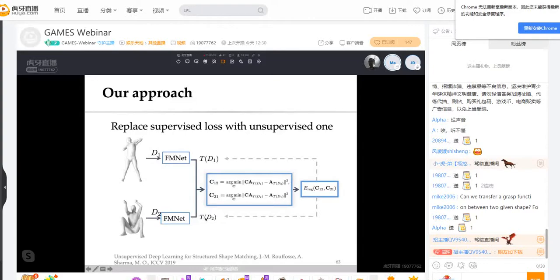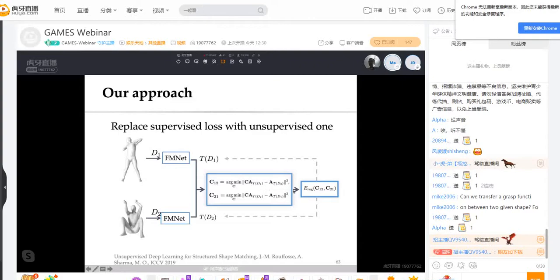And now, instead of computing the functional map using the initial descriptors, we compute it using the transformed descriptors. So we compute two maps, one from shape 1 to shape 2, C12, and another from shape 2 to shape 1, C21. And these are computed using the basic functional map estimation just by looking at the difference between the transformed descriptors.